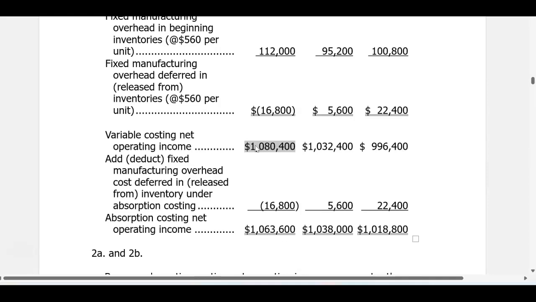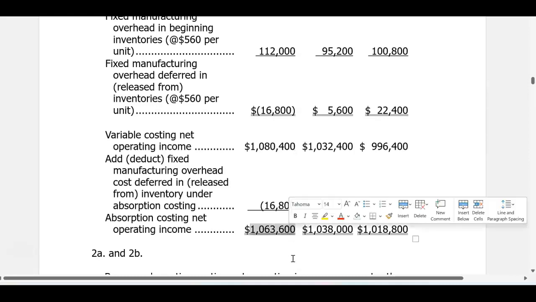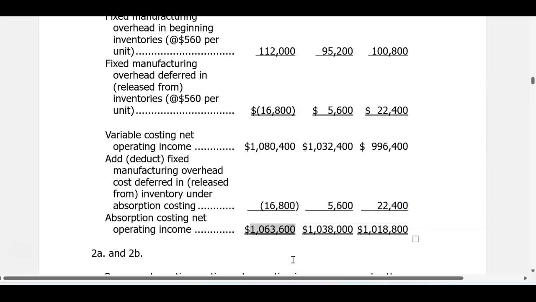Got it? So that's why under variable costing, in year one, your net income is more than absorption costing. Make sense? Your variable costing will be more than absorption costing.